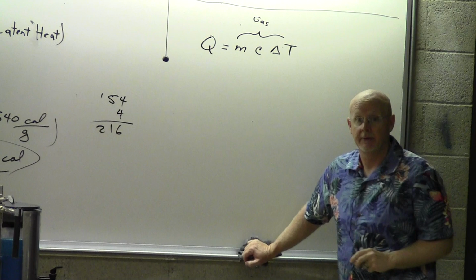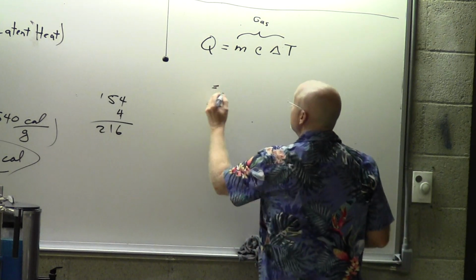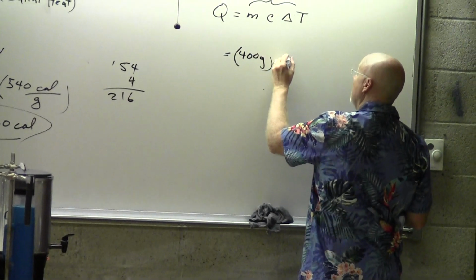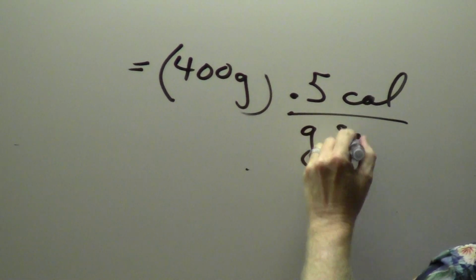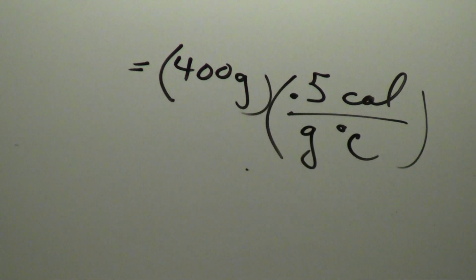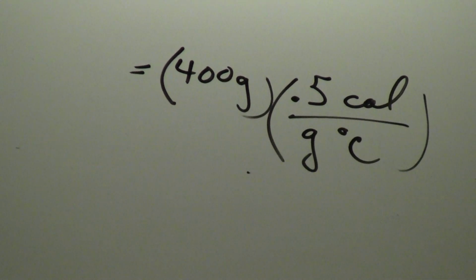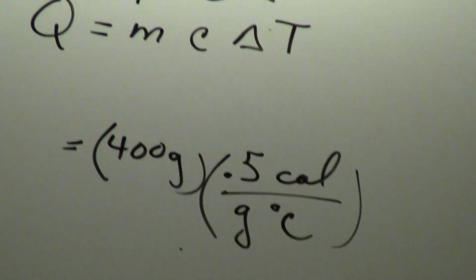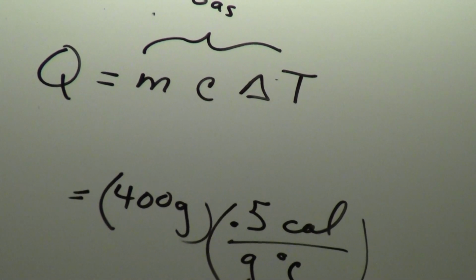It is not. And so in our case, we need to look up the specific heat of the gas. And the gas is about 1/2 calorie. It's coincidentally just about the same value as when it's in the solid state. And that's just coincidental. That's not normally the case for our materials.